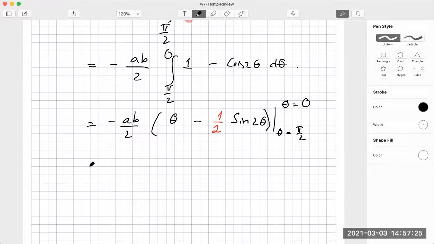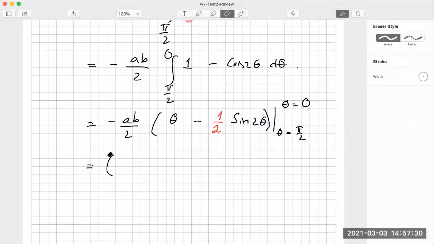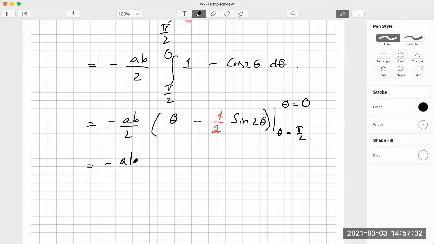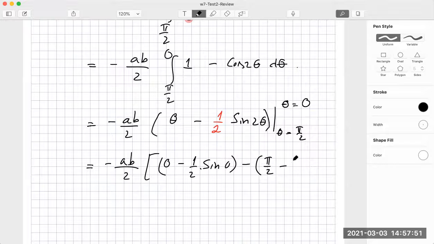As theta is equal to 0, it will be negative a b over 2. At 0, it would be 0 subtract 1 half sine 0, the first term. Subtract the second term here, it will be pi over 2 minus 1 half sine of pi over 2 times 2, which gives us sine of pi.